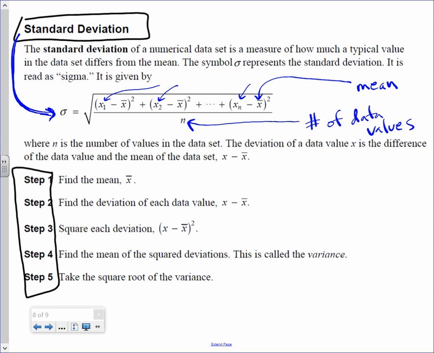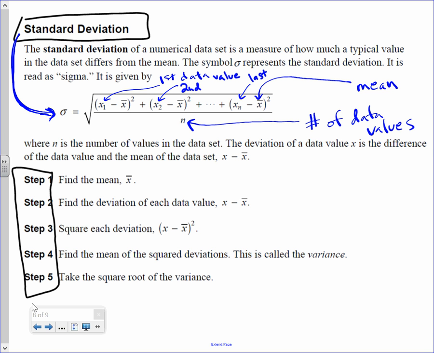Well, x sub 1 means first data value. X sub 2 means second data value. And so on. Look, they got a little dot, dot, dot. That means till the end. This would be the last data value.